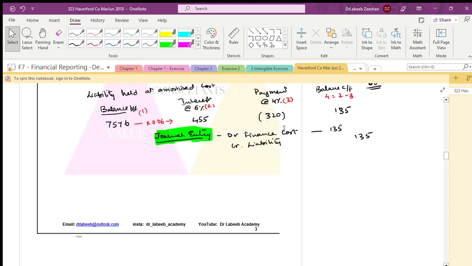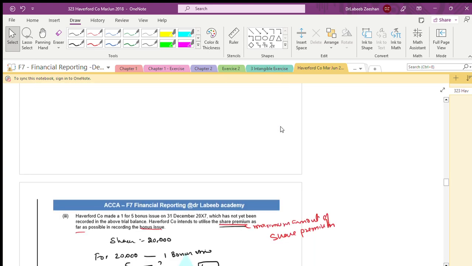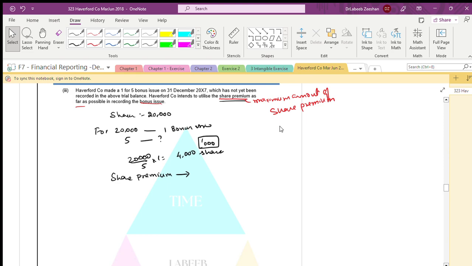Now, how much do they use from the share premium? 3. And the rest they are using from the retained earnings. How much? 100,000. They are using it from the retained earnings.